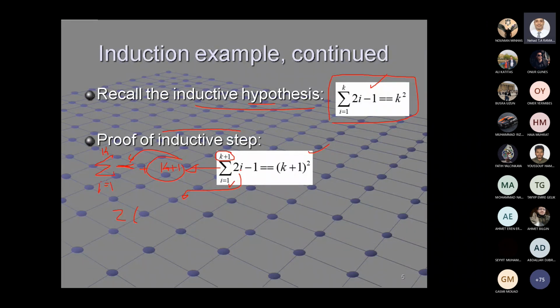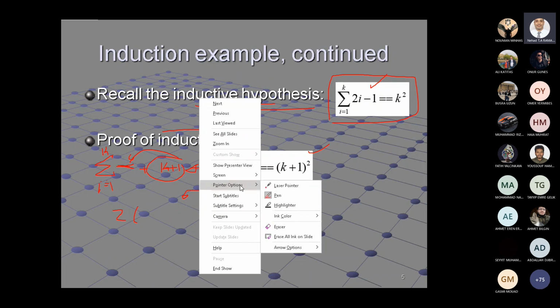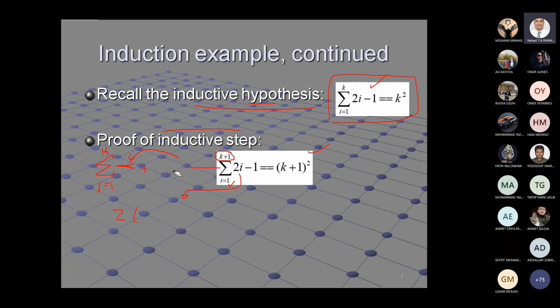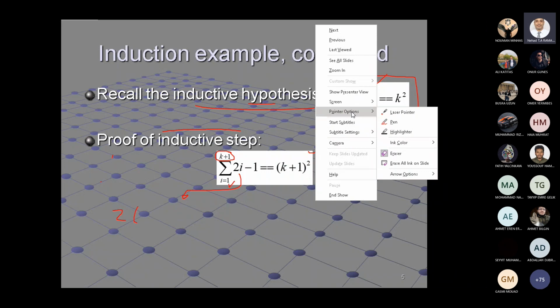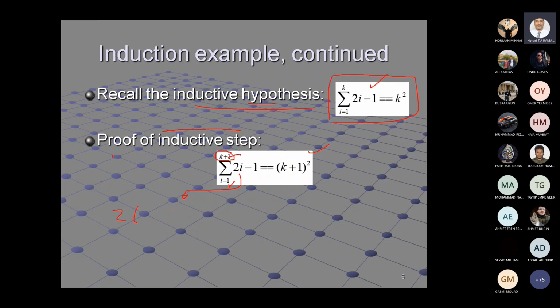So take the equation for k plus 1. This is only to show you what we mean. It's not part of the answer. Okay. So take it for k plus 1. K plus 1 here. The value of i, we will take it as k plus 1. So 2 times k plus 1 instead of i, minus 1.